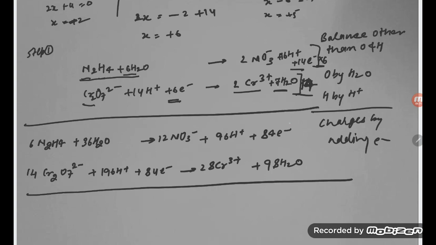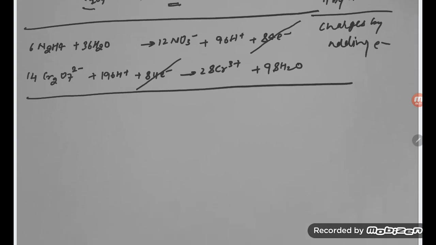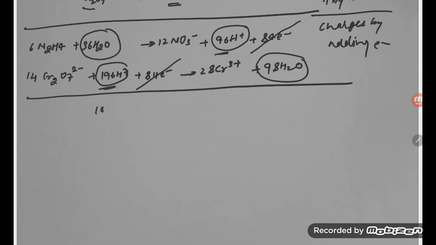98, correct. So here you see 84 electrons and 84 electrons on the left and right, so the electrons cancel out. Water is there on both sides, student, that we need to balance. H plus is there on both sides, that we need to balance. So here you see H plus 196 and here 96. If you subtract, it will come 100 H plus on the left side.